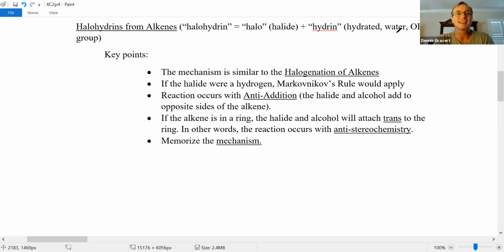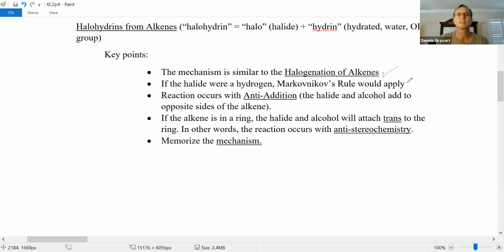So what we're going to get is a halide with an alcohol where there used to be a carbon-carbon double bond, where there used to be an alkene. And what's beautiful about this is it's very, very similar to the reaction we just did, halogenation of alkenes. So if you know that reaction really well, the mechanism really well, just apply that here.